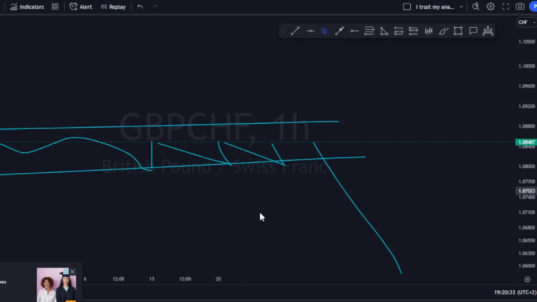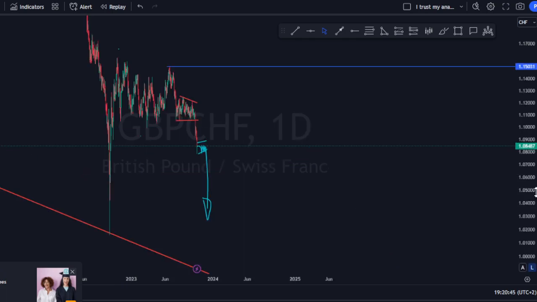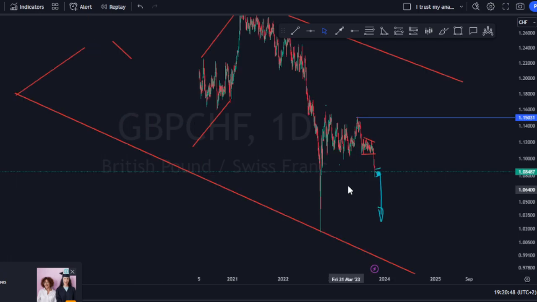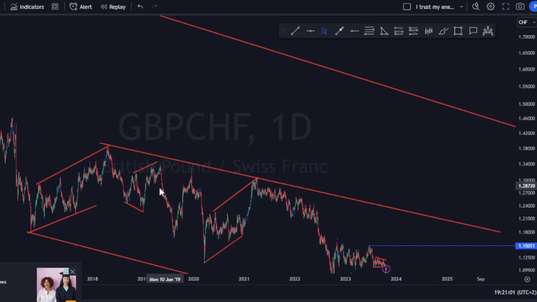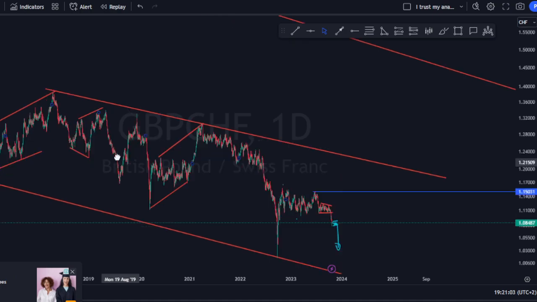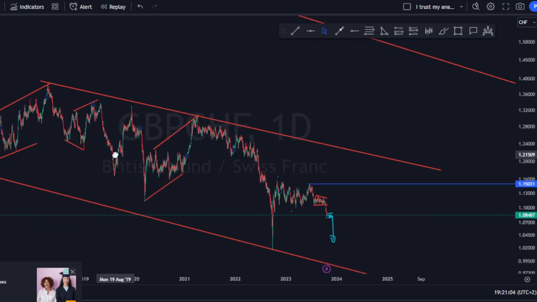Let me just go back to the daily. It's nice and clear, nice, simple, straight to the point. So this is the second probability, ladies and gentlemen. I just wanted to share this with you guys as well as the first top-down analysis which we did last week. I hope you guys understood and see how I see the market.